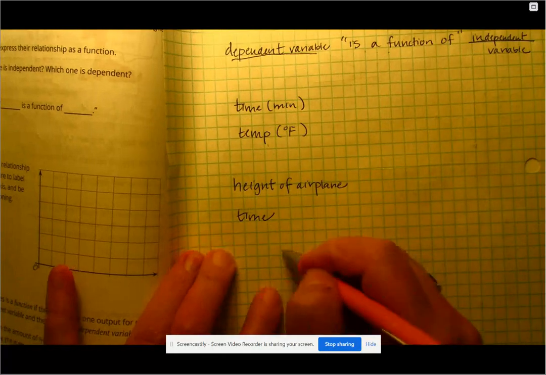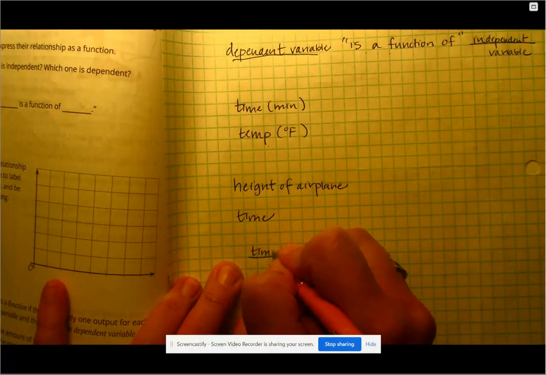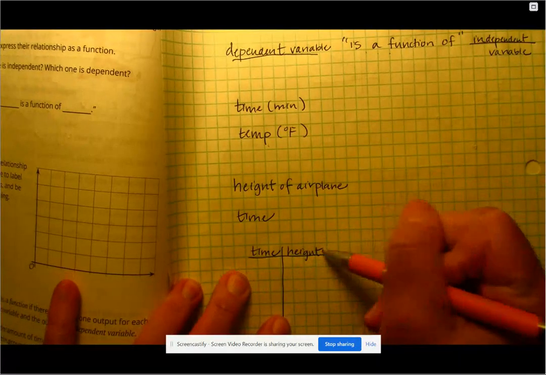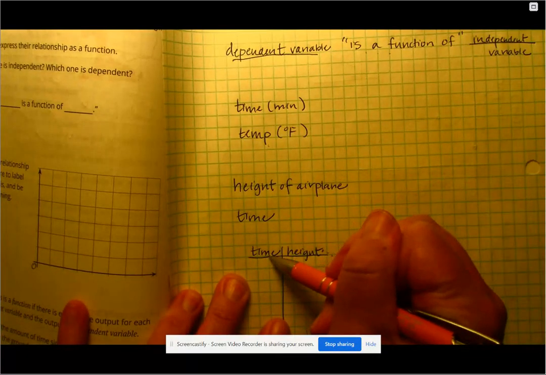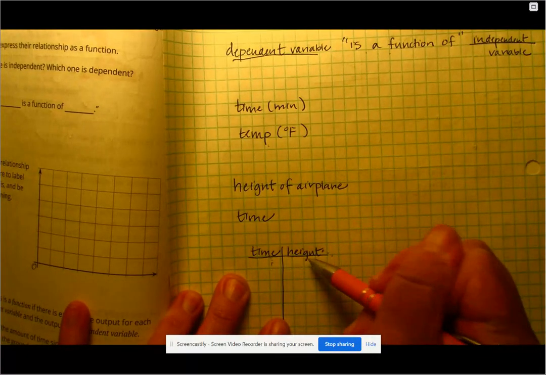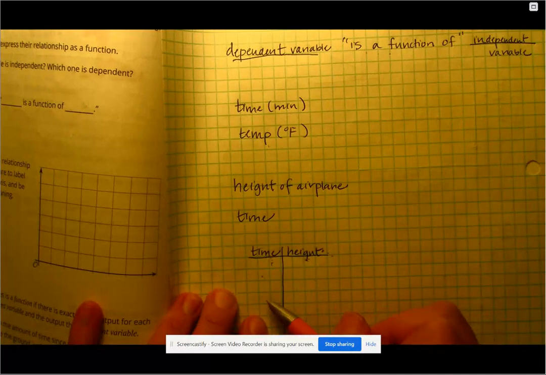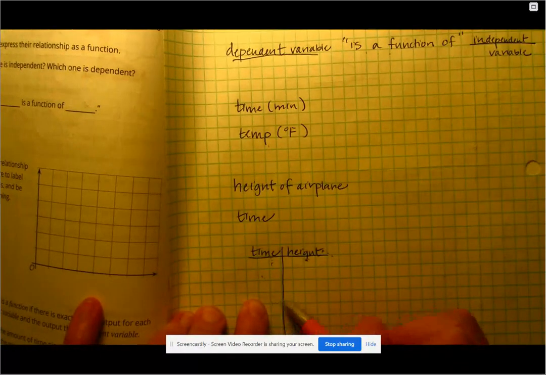And if you make time your input and the height the output, and say, well, the height of the airplane is a function of how long it's been in the air. So the height of the airplane is a function of time. This would be a function because every time would have one height. You can't have a time of like 1 minute and say, at 1 minute, the plane is here and here. There's only one possible height at 1 minute.